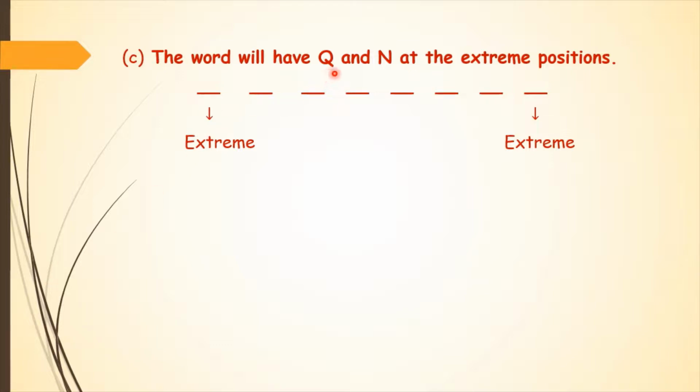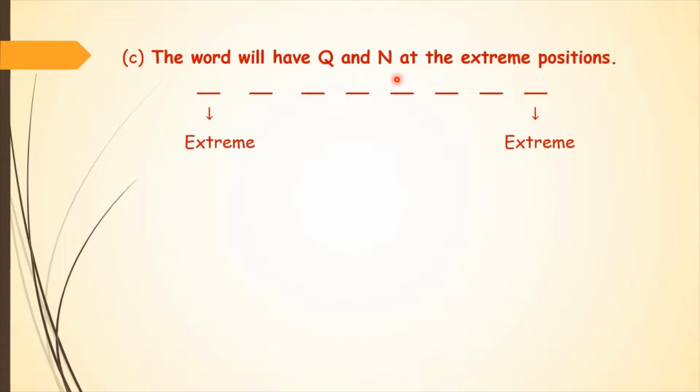But in this case, these Q and N, they are going to occupy these two extreme positions. So don't concentrate on these middle positions, just concentrate on these two extreme positions. These two positions will be occupied by 2 letters Q and N, which can be done in 2 factorial ways.